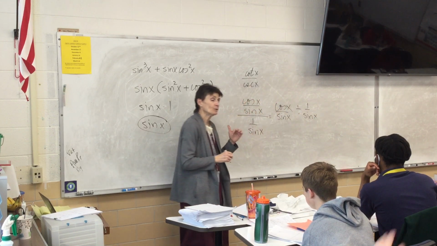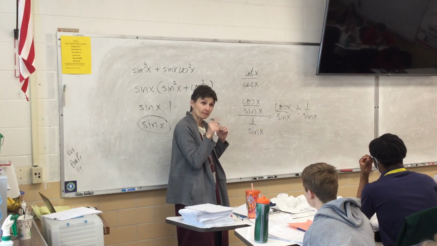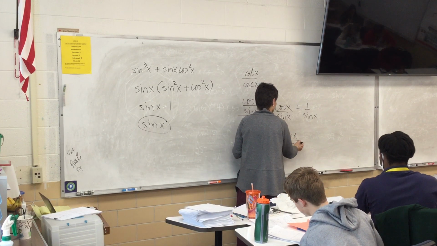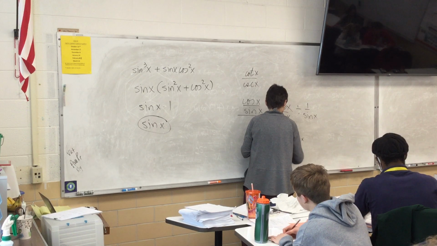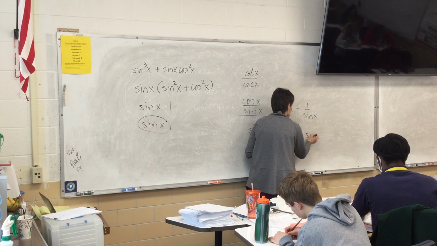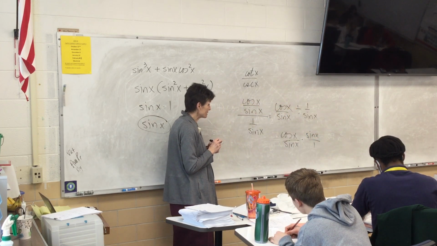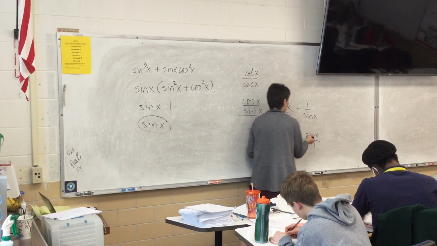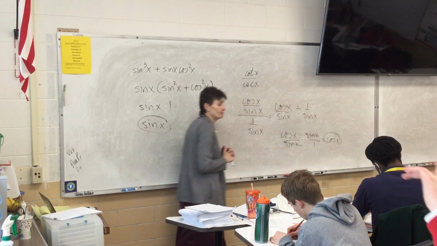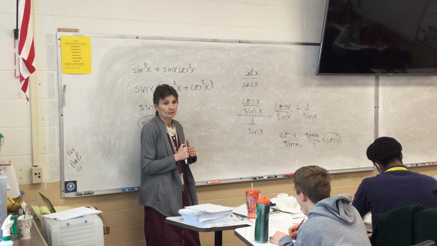And what do we do when we divide by a fraction? We flip it and multiply. So this is cosine over sine times sine over 1. What happens? Well, they cancel. The sines cancel, and our answer is just cosine. Not cosecant, cosine.